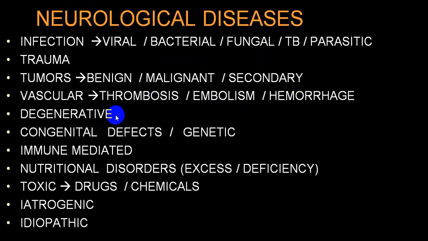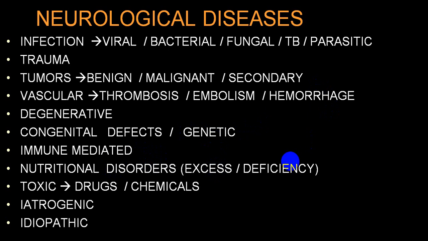There can be certain degenerative disorders, congenital defects or genetic disorders, immune mediated disorders, nutritional deficiency, which can be because of excess of nutrition, we call toxic effect, and it can be also because of deficiency of some substances.